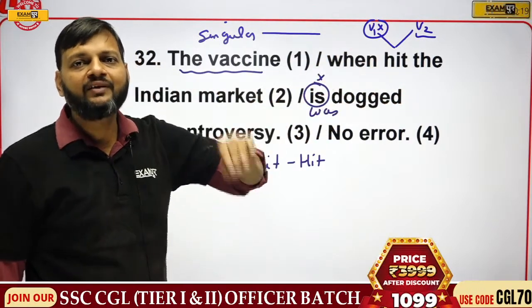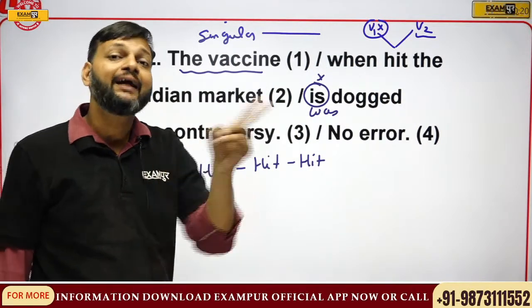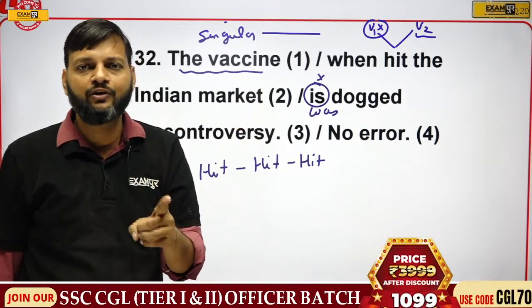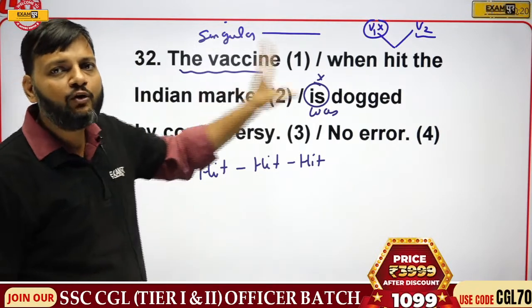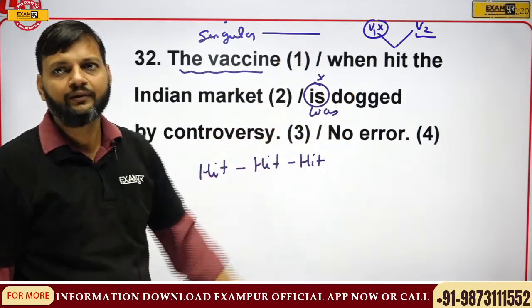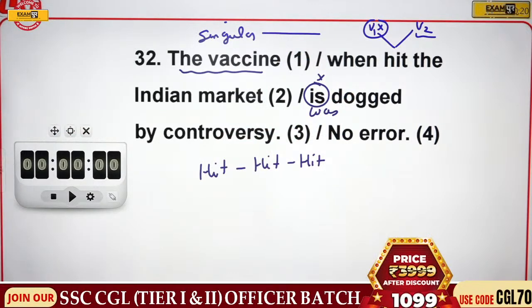If this sentence were in present tense, hit would have been hits. The singular subject takes the verb with s, but here vaccine is followed by hit. It means this is a past indefinite sentence, so is will be replaced by was.